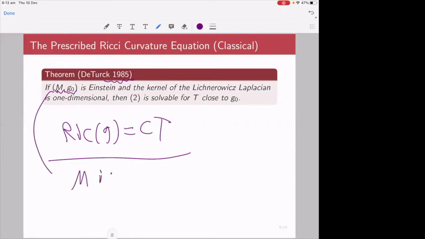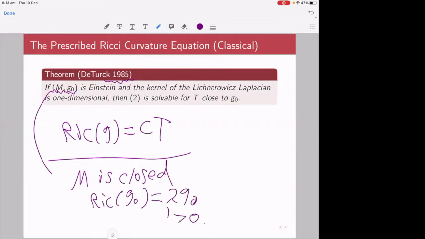So M is going to be closed, and the Ricci curvature of this Einstein metric is going to be something positive. So if you happen to be in this situation and you have a look at the kernel of the Lichnerowicz Laplacian associated to this Einstein metric here, if that happens to be one-dimensional, then yes, you can actually solve this problem whenever this tensor T is close to G0.